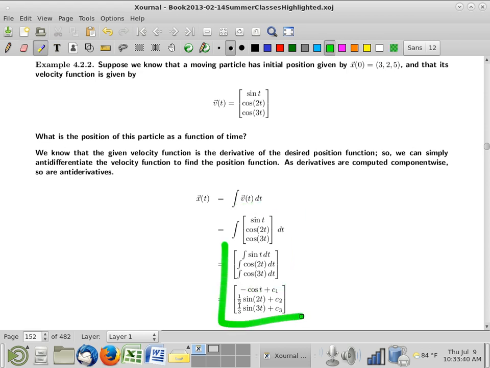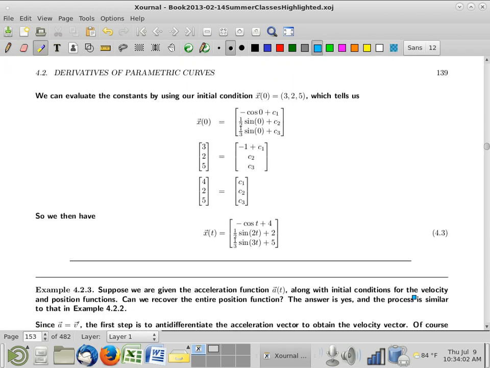These are three separate little single variable calculus problems. Don't forget your constant of integration. That's a necessity. And you've got to have those integration constants because, well, in fact, when you take an antiderivative, you don't really know which one is the one that you need. So you have to leave that in there. Okay. And this is where your initial condition comes in.